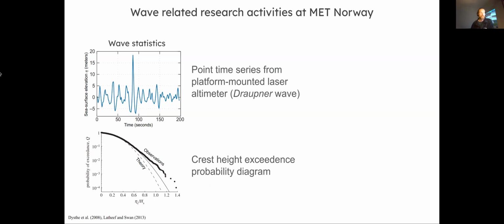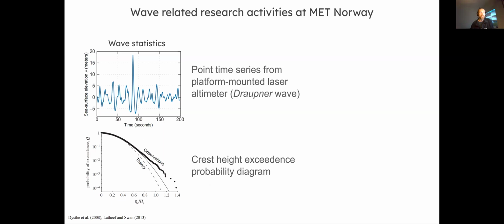So if we step away for a moment from the spectral representation of the waves, another big area of research for us is in individual wave statistics, where we're interested in knowing just how big of a single wave we can expect in a given sea state.